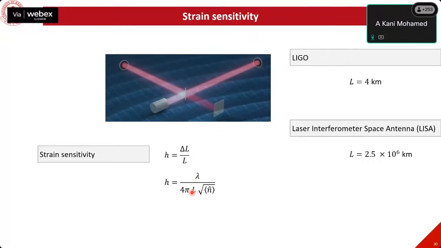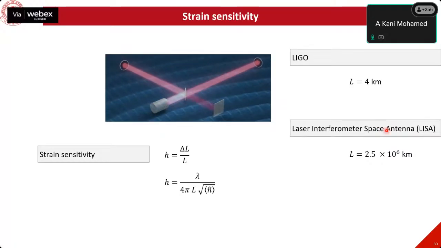And another way that we can enhance the sensitivity is by increasing the arm length. That's why LIGO uses a 4-kilometer long optical length in order to improve the sensitivity of the strain. But if we further increase the length, we can further increase the sensitivity. So there is a proposal for the Laser Interferometer Space Antenna.